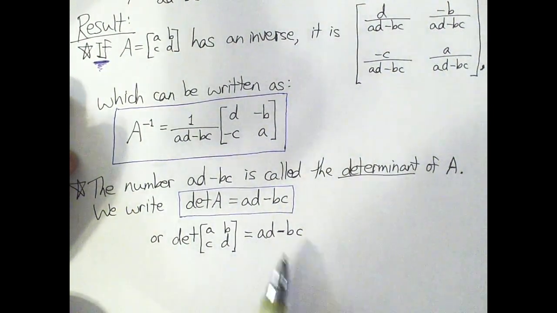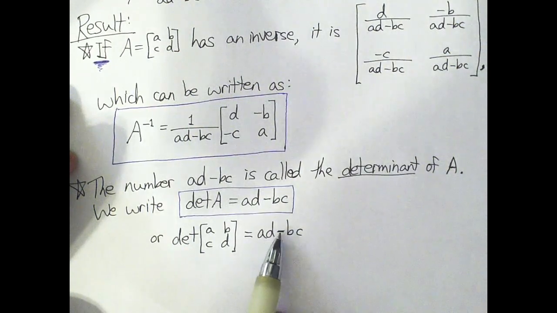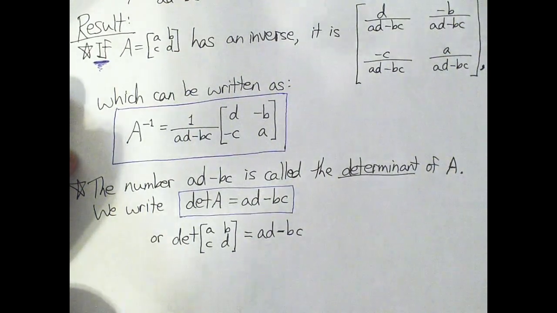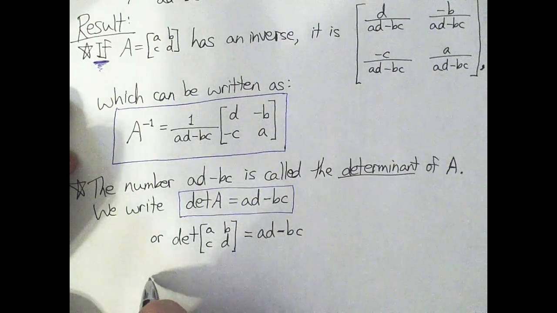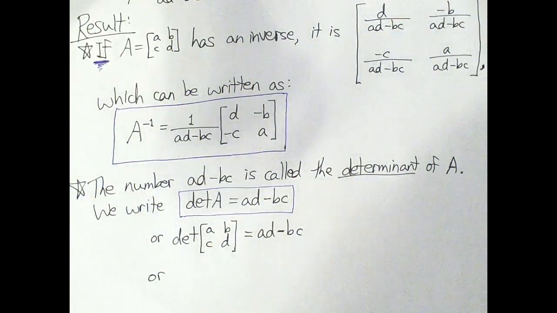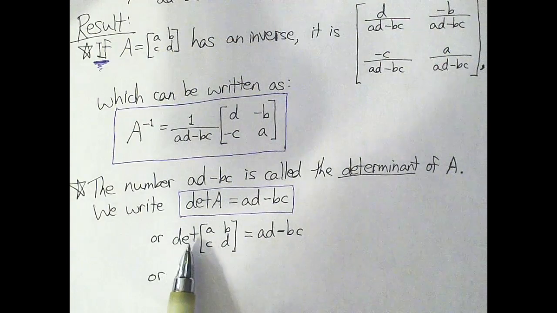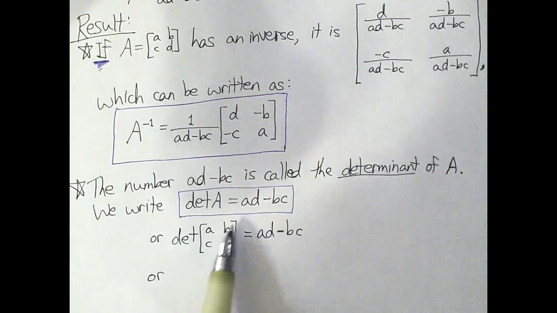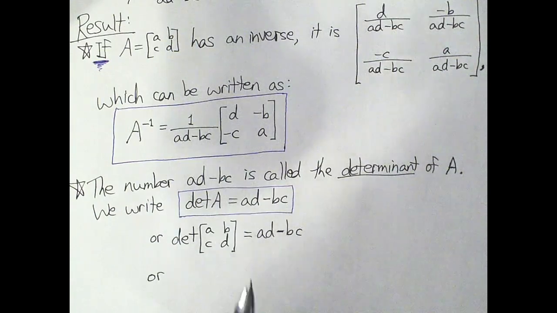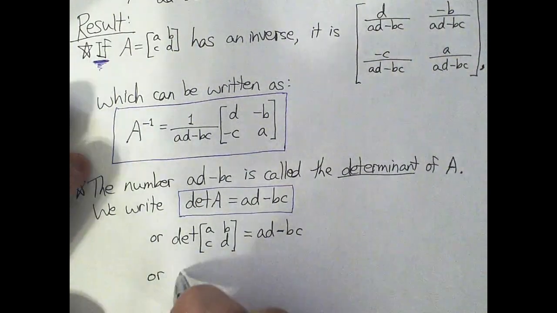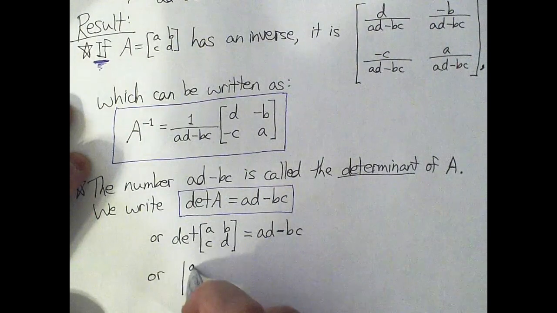AD minus BC is real number minus real number, so just some number. Or another way that we write it, this is going to be new notation for us. Because determinants are going to show up pretty often, sometimes instead of writing the word det, so instead of writing determinant, bracket, A, B, C, D, close the bracket, sometimes we do this.